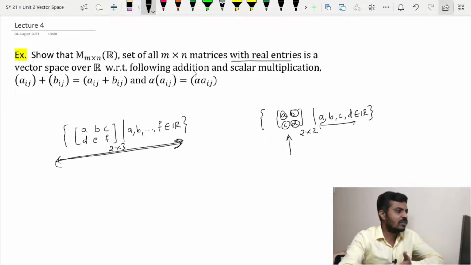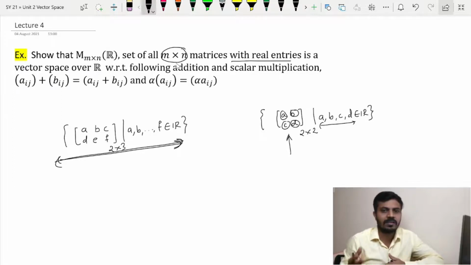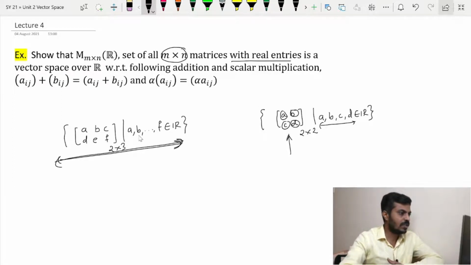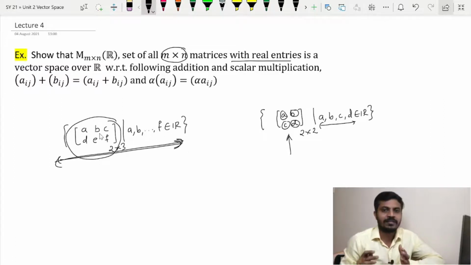So therefore in general we are going to show that the set of m by n matrices with real entries is a vector space over R. Now as you can see, writing this 2 by 3 matrix is very easy, but how to write a matrix of order m by n?